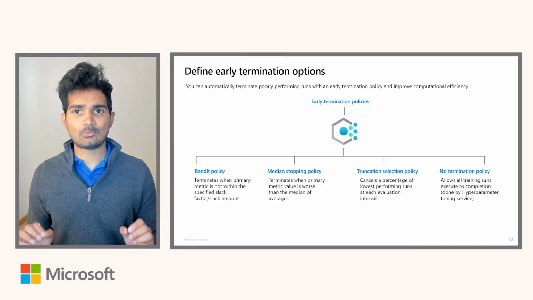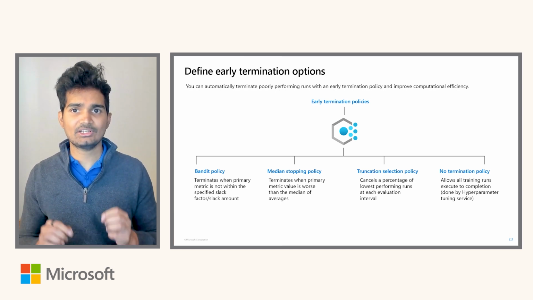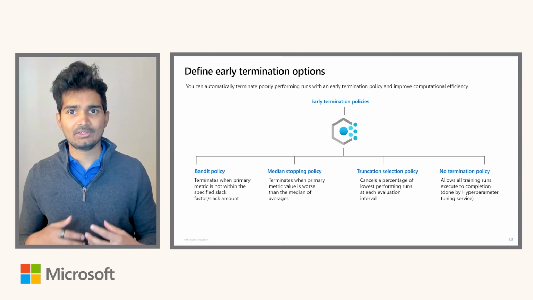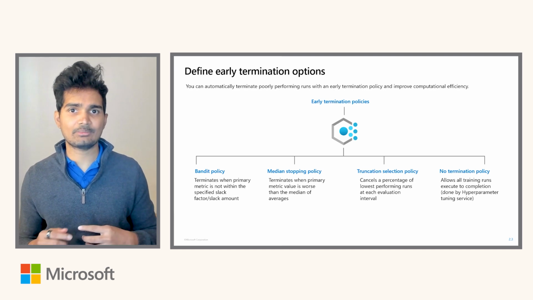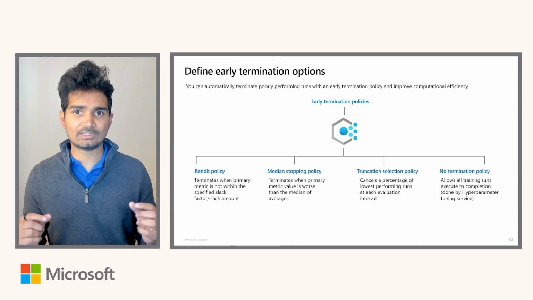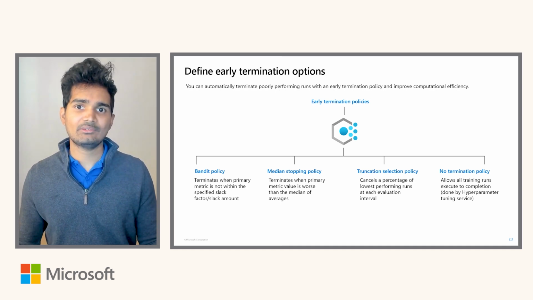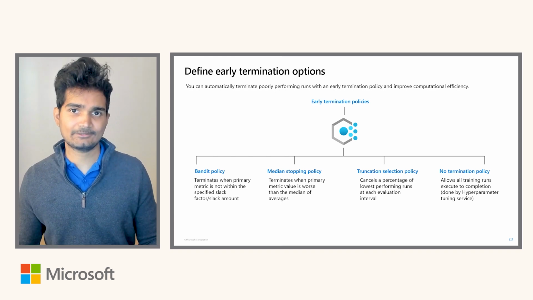Azure Machine Learning supports several early termination policies to optimize resource usage and improve efficiency. You should know how to use the different early termination policies. There's the bandit policy, which terminates runs that are unlikely to outperform the best run so far, rather focusing resources on the most promising candidates.